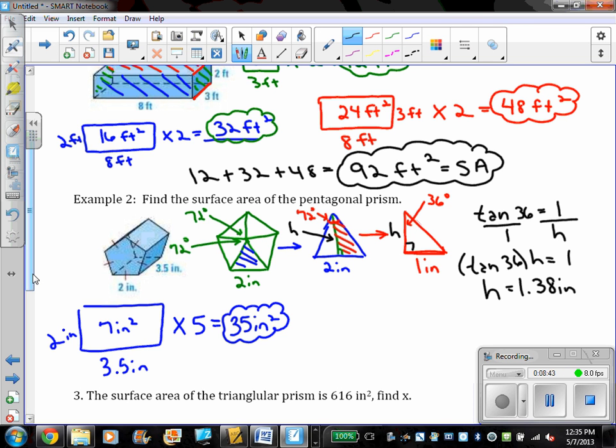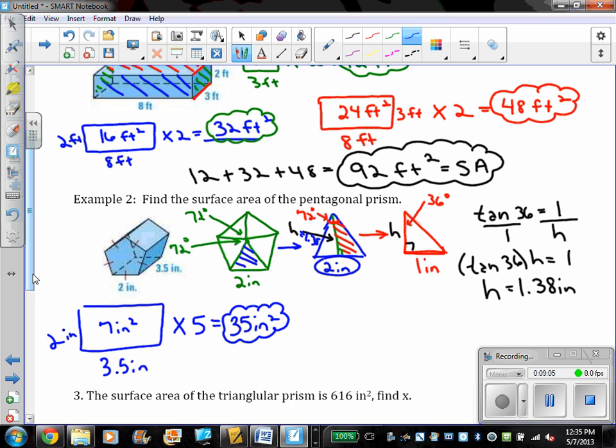Okay, so all that work was just to find the height of that original triangle. So now we're going back to the blue triangle here, and we know that the full base is 2 inches right here. We know now that the height is 1.38.